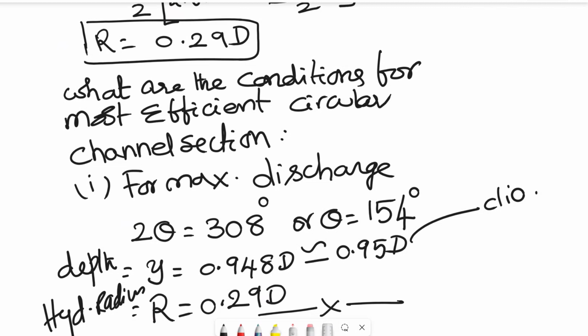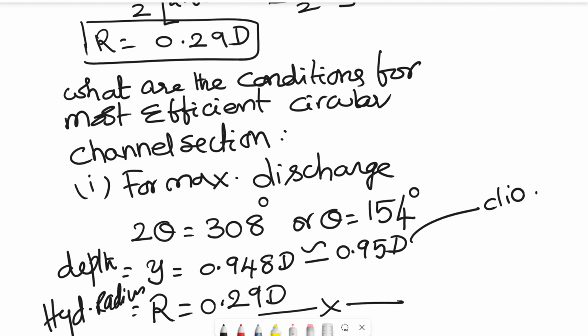Today's lecture is mainly to derive the conditions for the most efficient circular channel section, keeping in mind to carry the maximum discharge. Theta is equal to 154 degrees, y is equal to 0.95 times the diameter, and hydraulic radius is equal to 0.29 times the diameter.